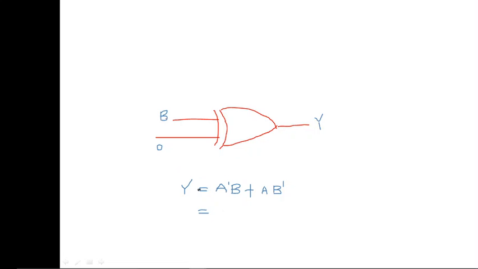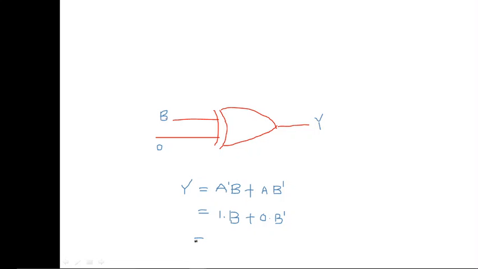A bar B, that is 0 bar, becomes 1, so it is 1 dot B, plus A B bar, that is 0 dot B bar.